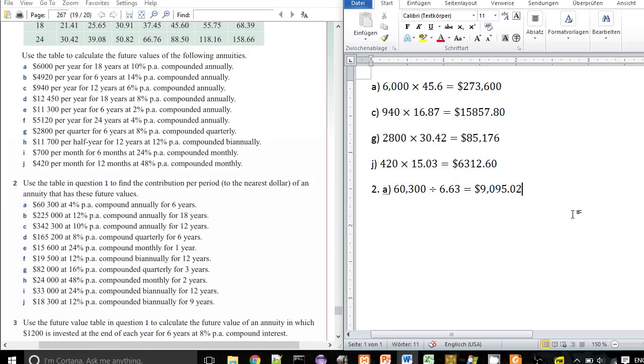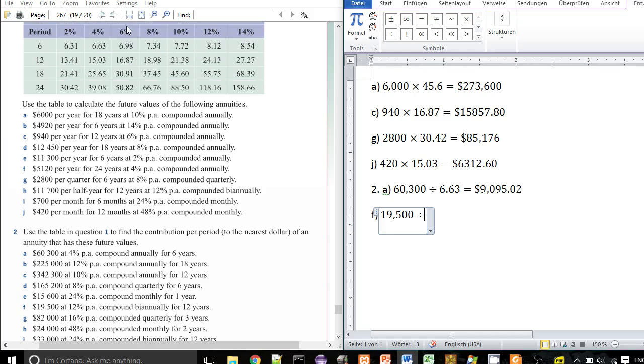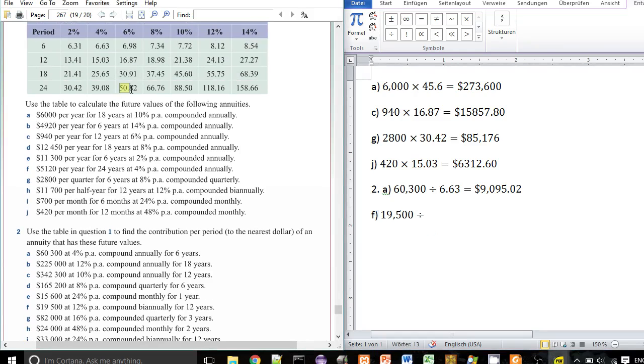I'll do one more. Let's do a biannual one. Let's do F. Hopefully you get the idea. So we're still going to divide 500 divided by, okay, so it's compounded biannually, that means twice a year. So instead of 12%, make it 6%, and instead of 12 years, make it 24 periods. Double that and halve that. So 6%, 24, 50.82.